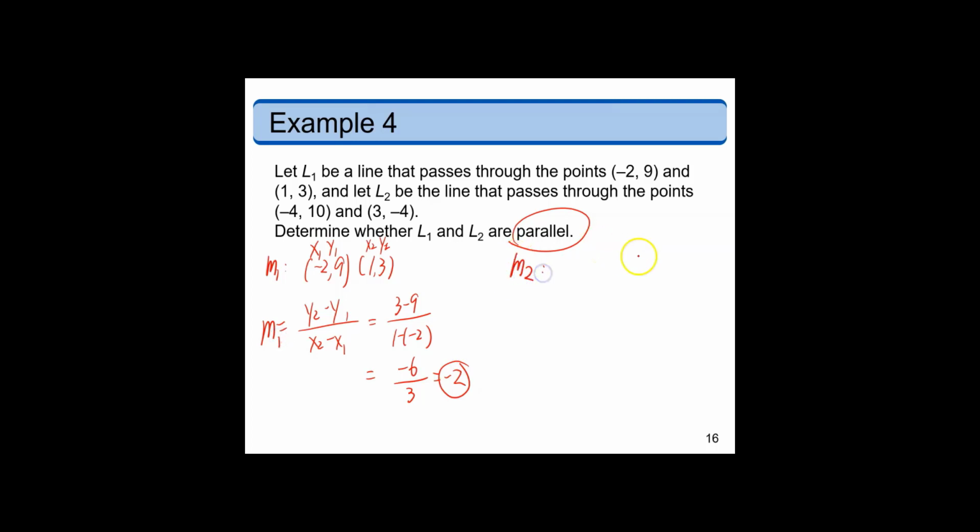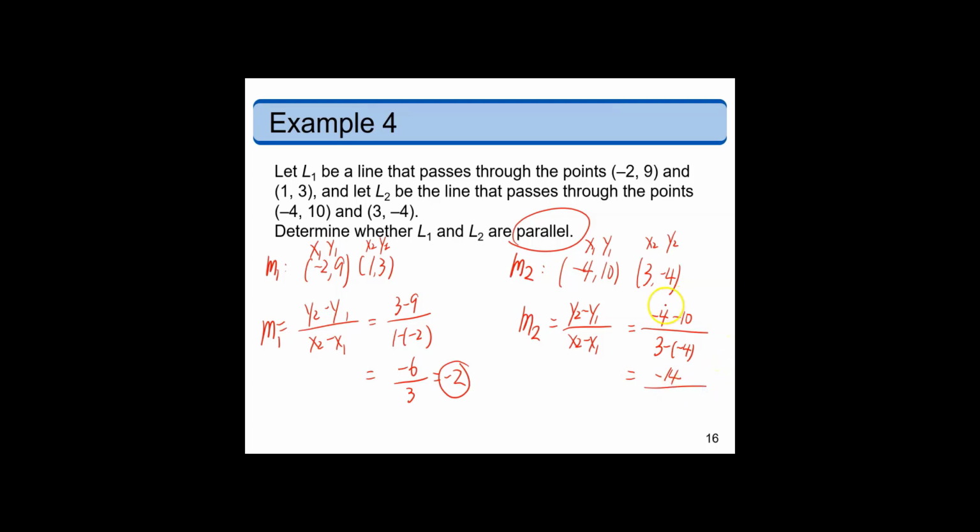Slope for line number 2. Let's calculate the slope for line number 2. Similarly, it's y2 minus y1 over x2 minus x1. It's negative 4 minus 10 over 3 minus negative 4. Negative 4 minus 10 is negative 14.